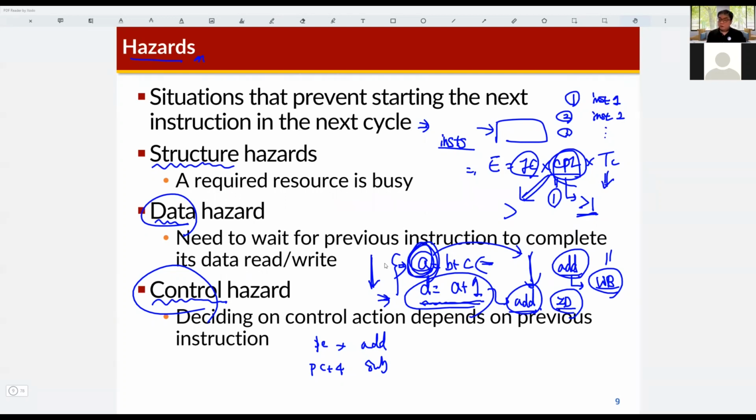We can know the result of the branch instruction when it is executed in the EX stage.